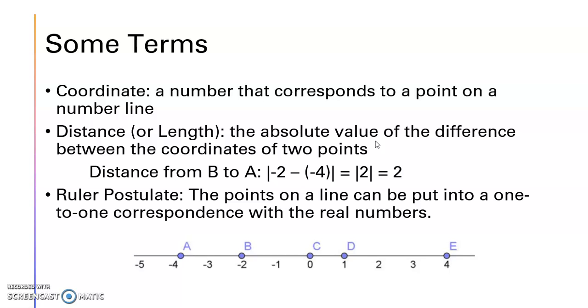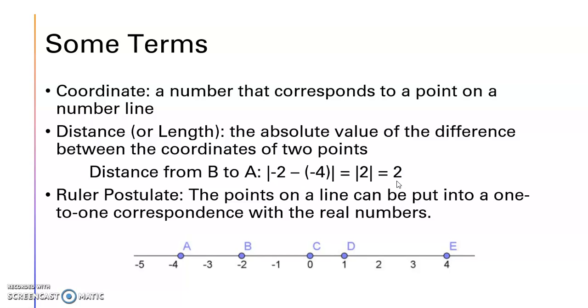All I have to do is subtract the two coordinates. If I wanted the distance from B to A, I would do B's coordinate minus A's coordinate. So -2 minus -4 gives 2, and I have to make sure it's positive, so the distance is 2.